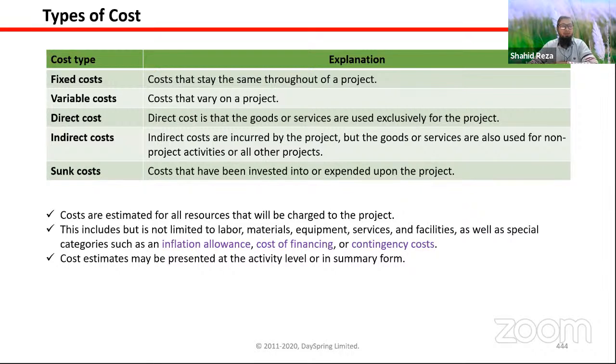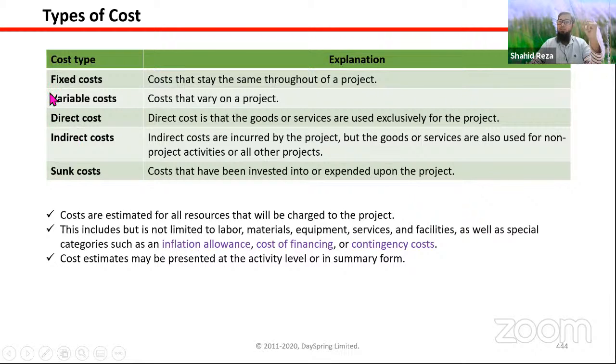A lot of you are from a BBA or MBA background, so you have seen these in introduction to accounting or financial management: fixed cost, variable cost, direct cost, indirect cost, sunk cost. But here we'll try to understand these terminologies from a project perspective.